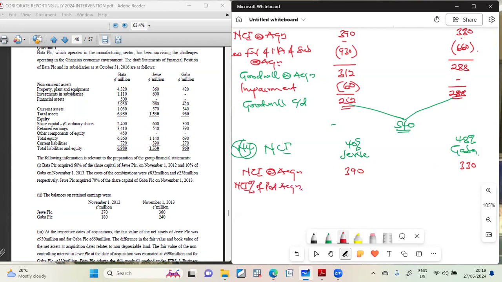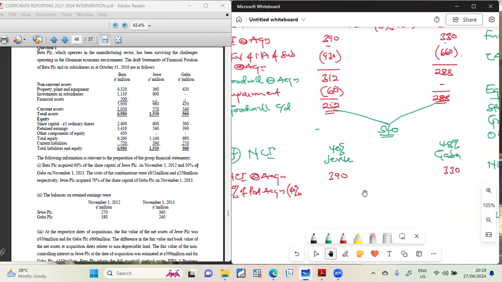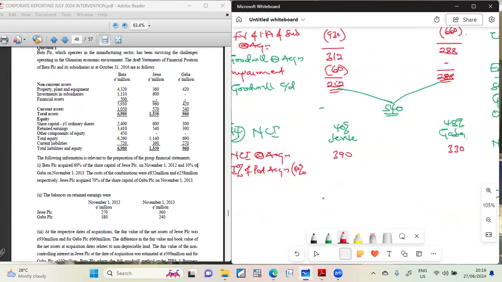This side will be 40%. Our post-acquisition for Jewe was 270, and this one was 150. So 40% of 270, please compute it. This side will be 48%. It's 108. Then this one will be 40% of the 150, which gives 72.